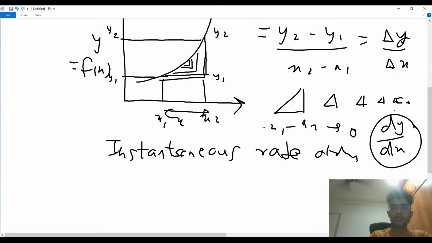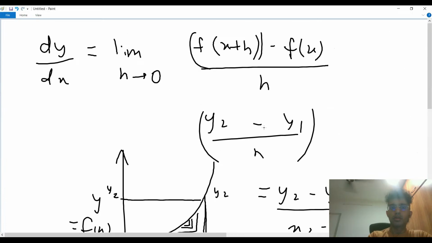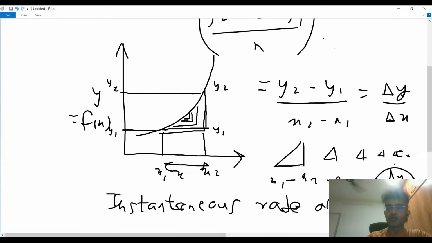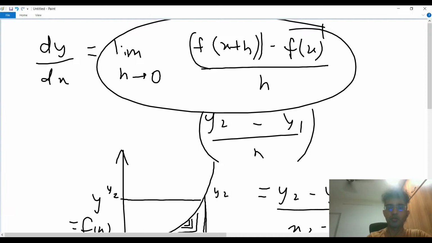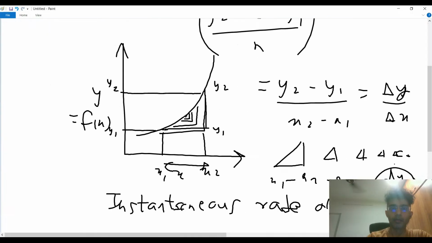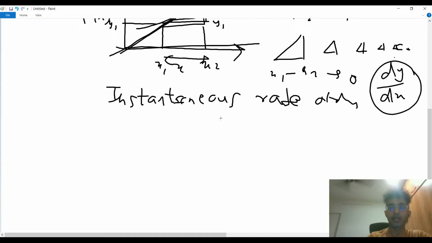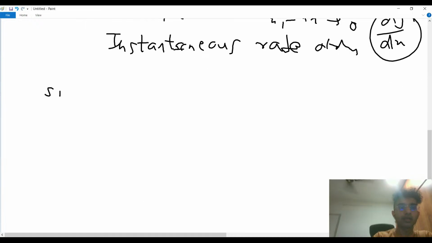Based on this formula, we understood that if limit h tends to 0, then the derivative at a particular point will be the slope of the tangent drawn, so tan of this theta with the x-axis. That's the derivative. Then we saw that the derivative of sine x is cos x.